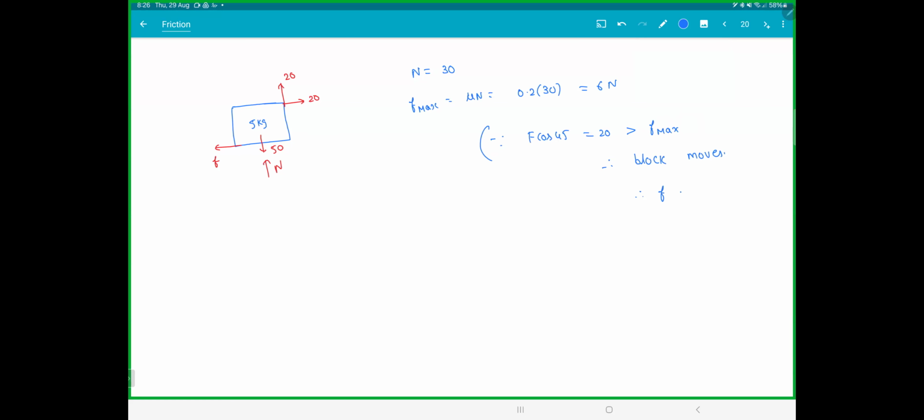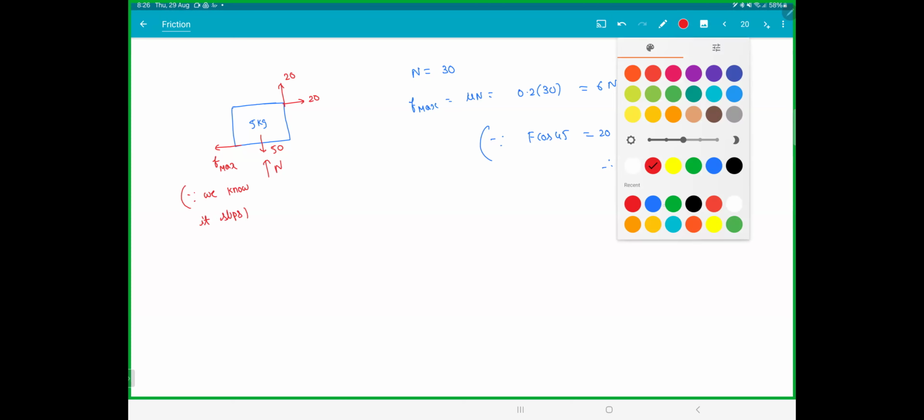Therefore, F is max. Now, you proved that the block is sliding. So now you can write this is F max, since we know it slips. This is the problem with this chapter. You have to make an argument whether it is slipping or not, prove it, and then use it. If you can't prove it, then it will be just F there.